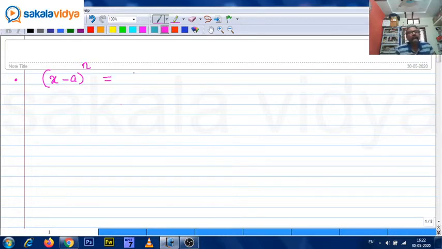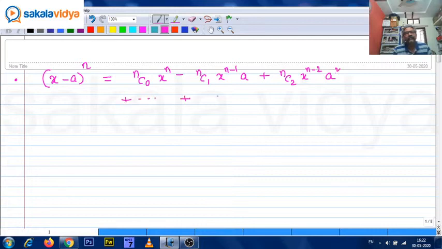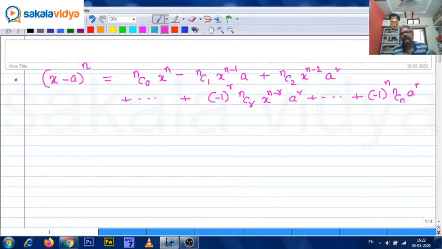So this equals nC0 x to the power of n minus nC1 x to the power of n minus 1 a plus nC2 x to the power of n minus 2 a squared, and so on, plus minus 1 to the power of r nCr x to the power of n minus r a to the power of r, plus so on, plus minus 1 to the power of n nCn a to the power of n. This is the (x minus a) to the power of n expansion.